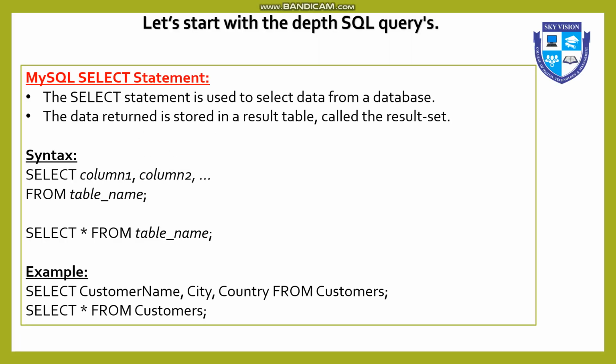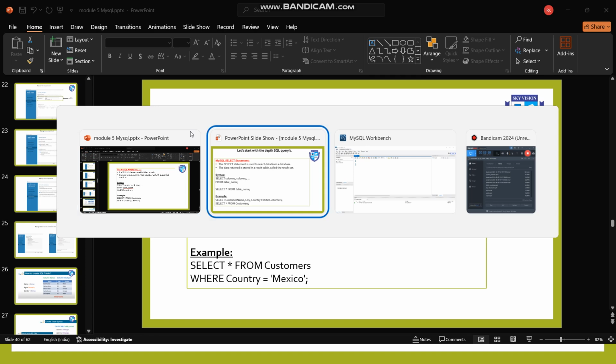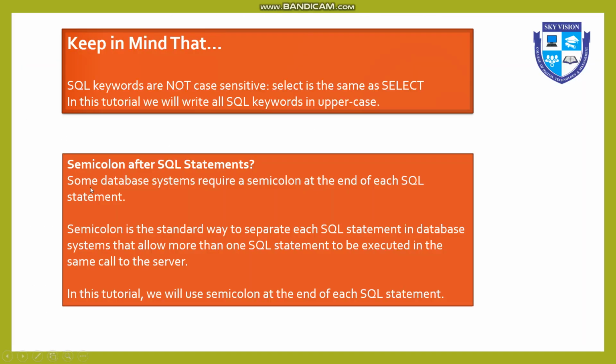Now let's go back to our PPT. Some database systems require a semicolon at the end of each SQL statement. The semicolon is the standard way to separate each SQL statement in a database system.